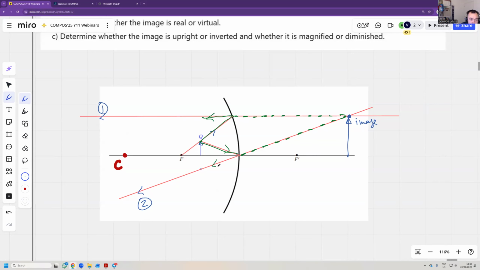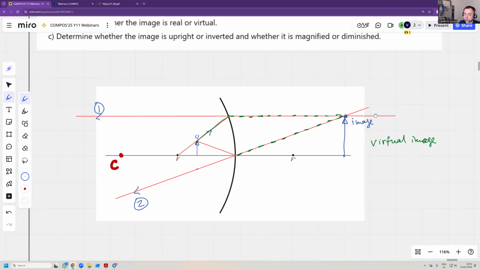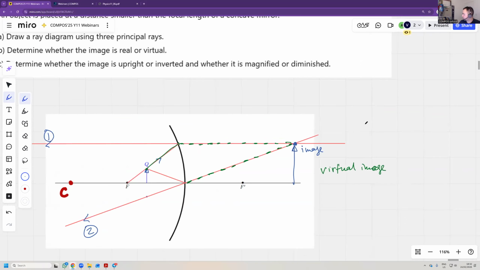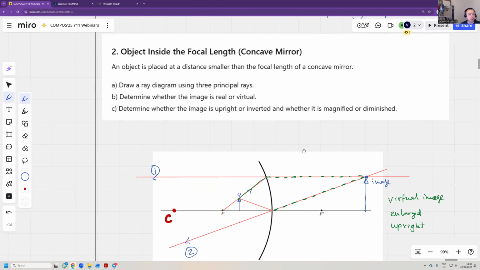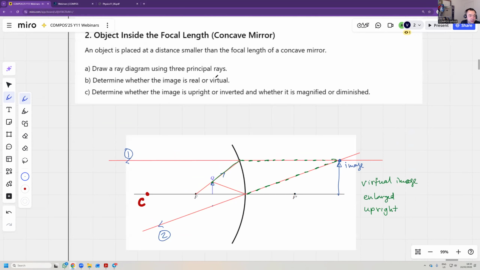So they don't meet. So this is a virtual image. If you place a screen at that point, you would not see anything on the screen. Virtual image, then it is enlarged and it is upright. So not inverted. Lovely. So it's virtual, upright, and magnified.